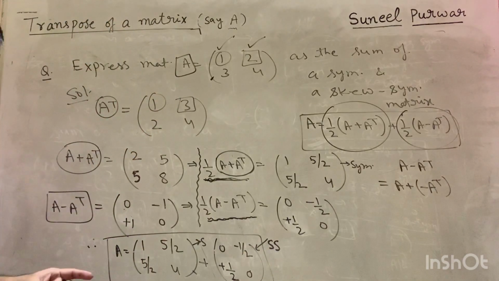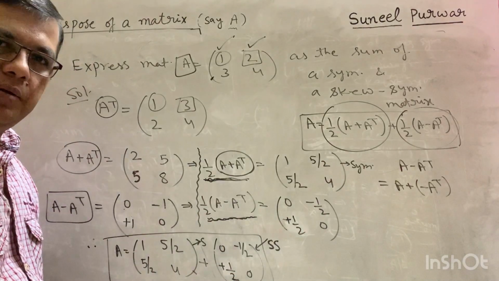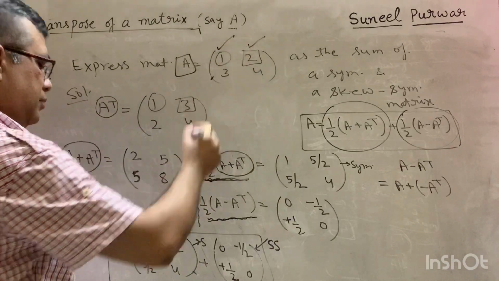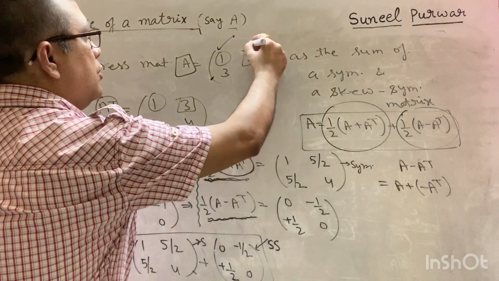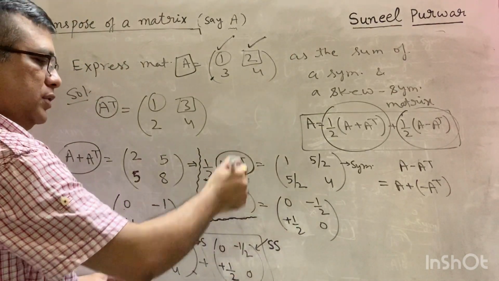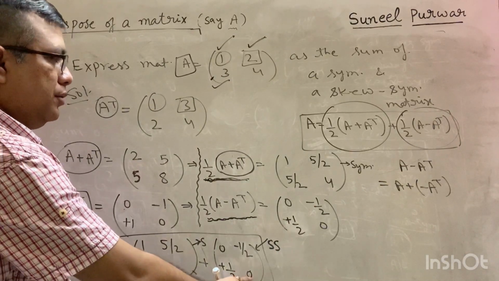And you can verify also. You see, on adding these two matrices, you are really getting matrix A. See, 1 plus 0, 1. 5/2 add minus 1/2 is 4/2, which is 2. 5/2 add 1/2 is 6/2, which is 3. 4 plus 0, 4 only.